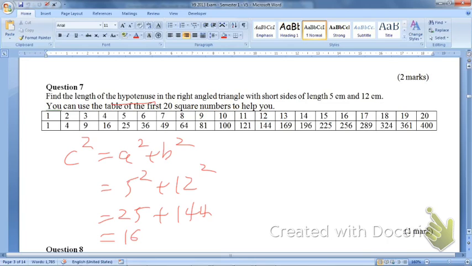That gives us 169. Now we find 169 in the table, and we find that the answer C is equal to 13. What we need you to do is show this part and then recognise that C is equal to 13 using the table.